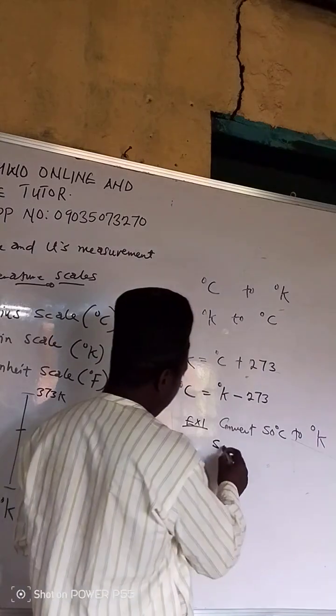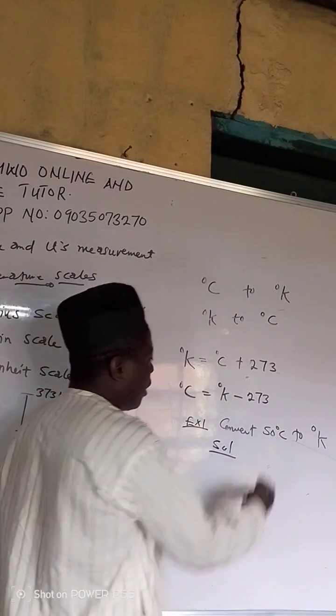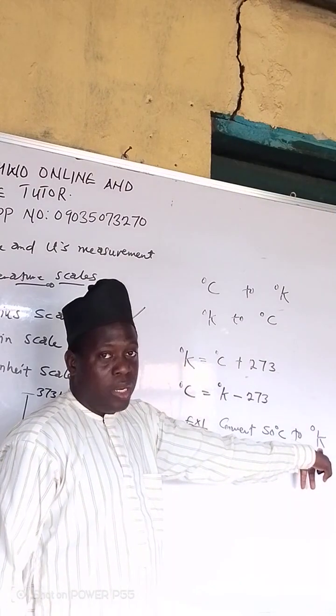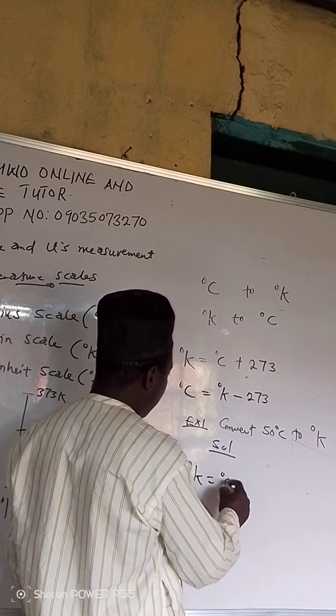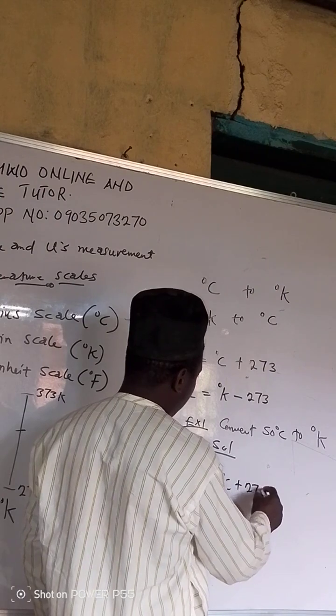Now let's move on. 50 degrees Celsius, we want to convert to degree Kelvin. Then degree Kelvin is equal to degree Celsius plus 273.